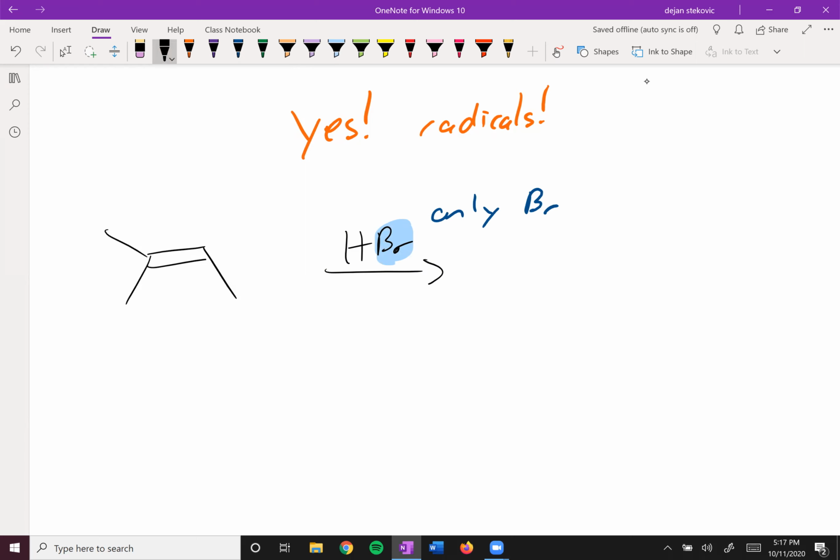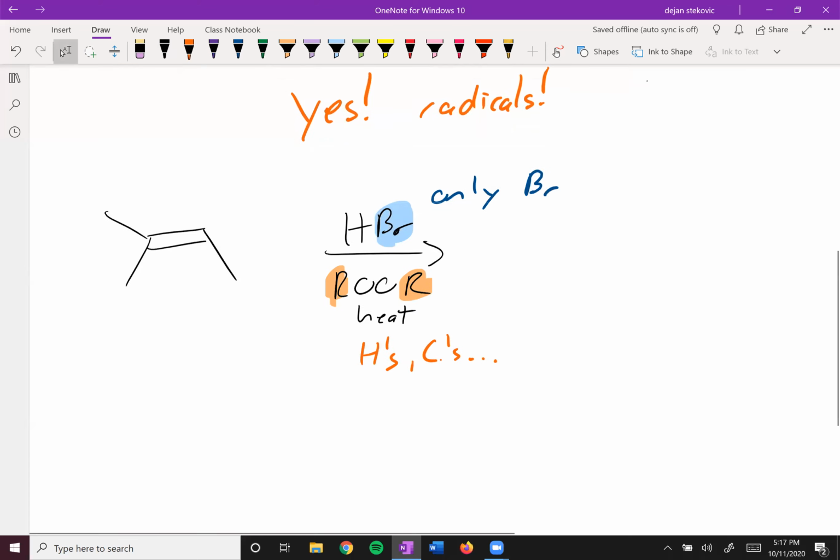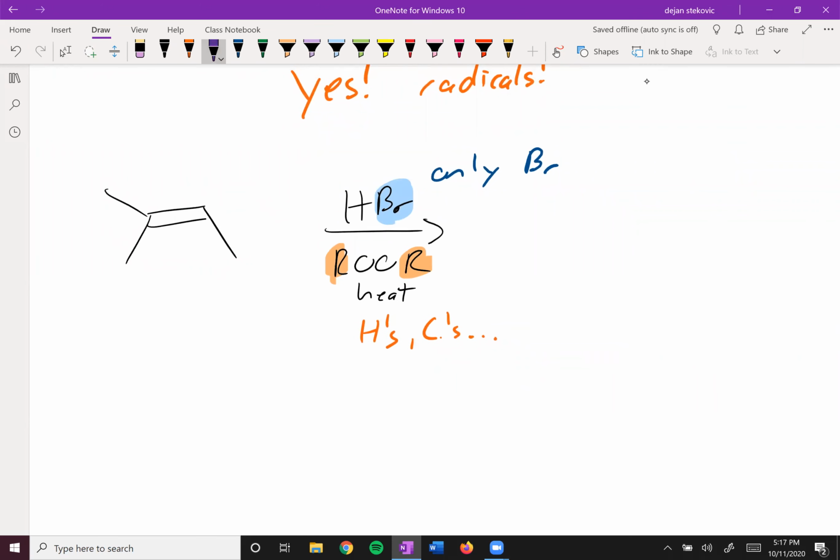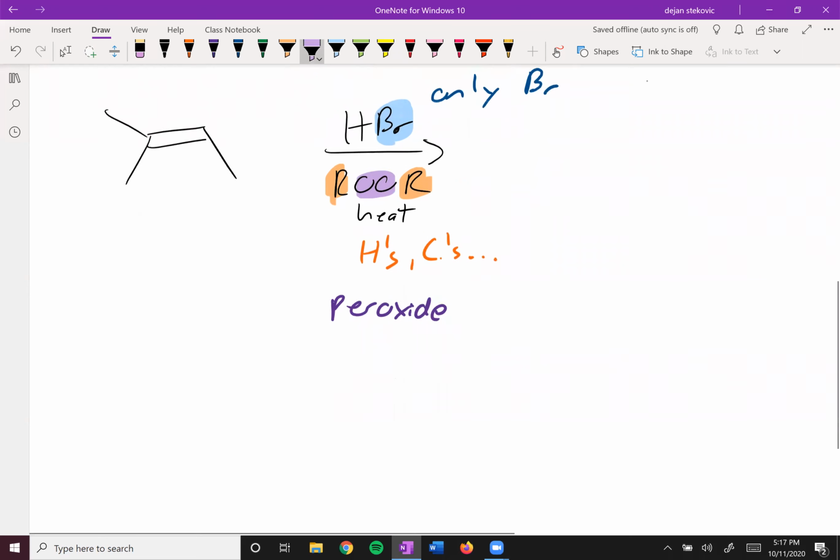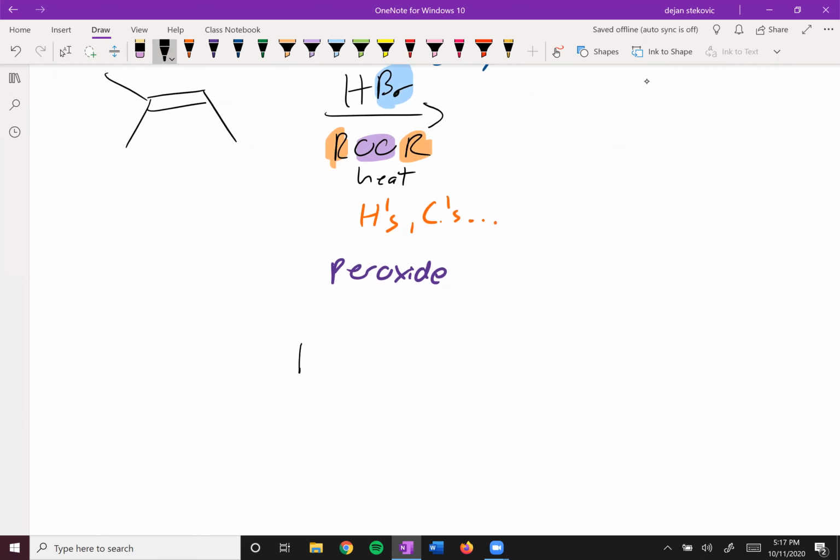And then what we do to it is add some ROOR and heat it. These R's can be hydrogens or carbons attached to something else. And this is just a peroxide. So anytime you have this single oxygen-oxygen bond, you have a peroxide, and this bond is very weak.